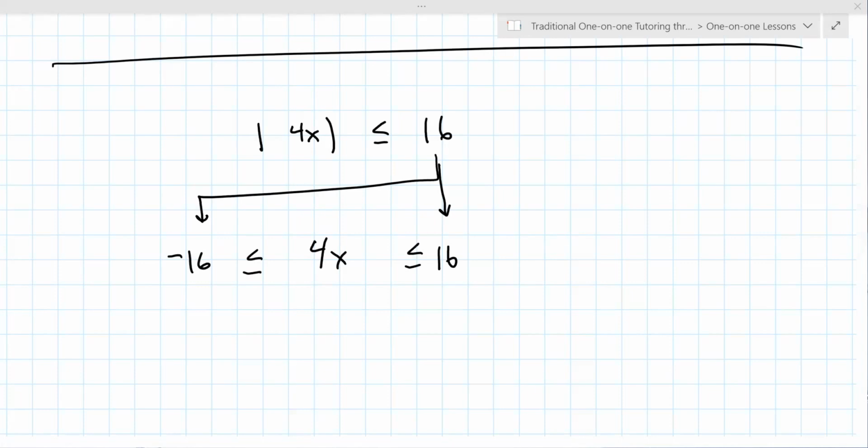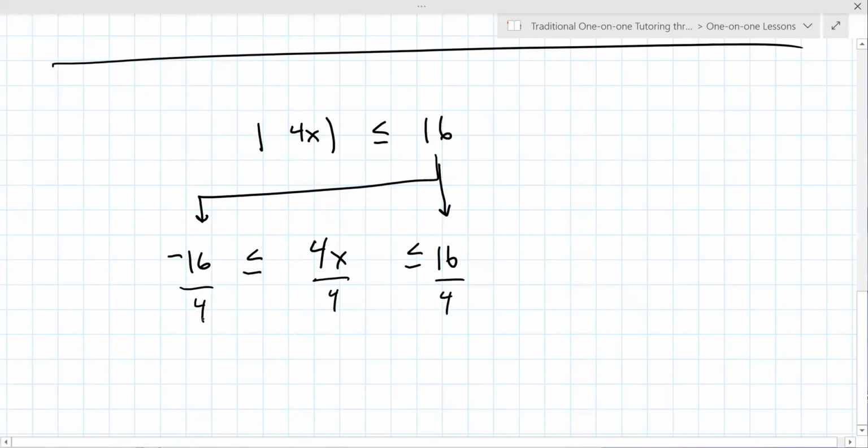Now, what is the math operation between the 4 and the x? It's currently multiplying, so you're going to use division and divide by 4.